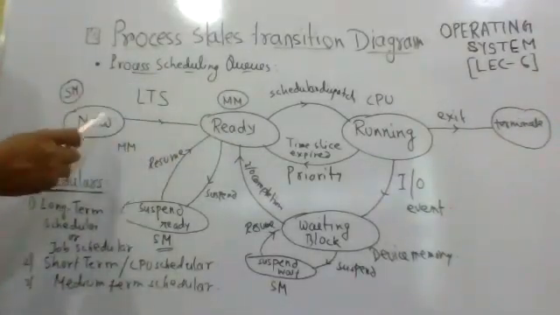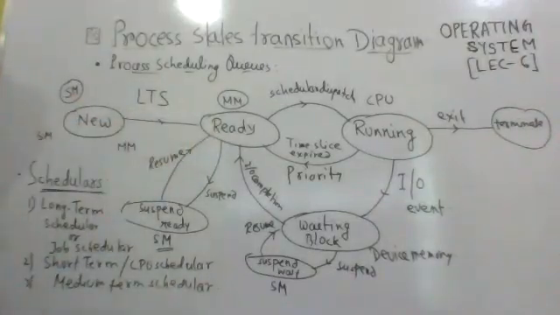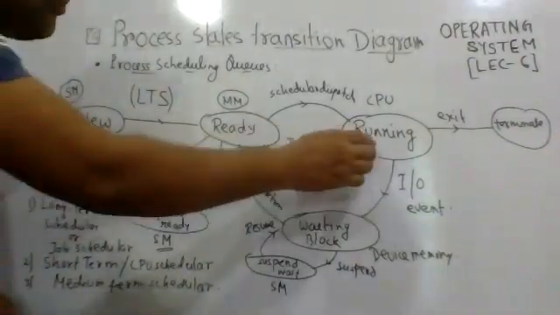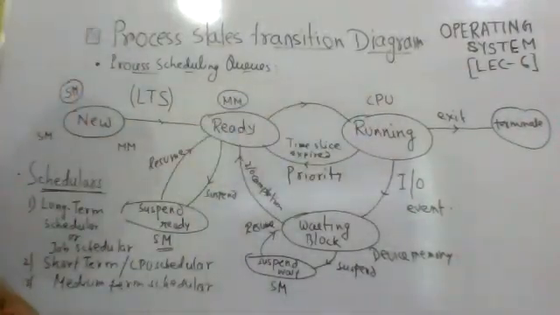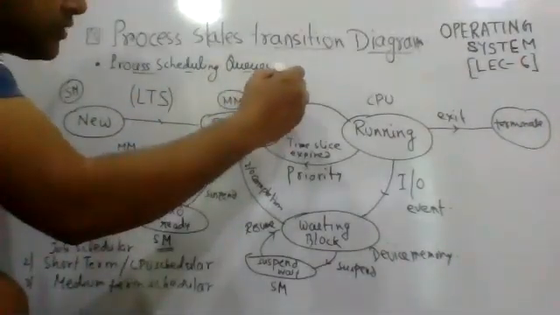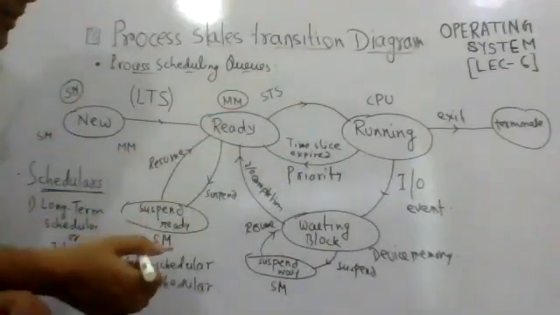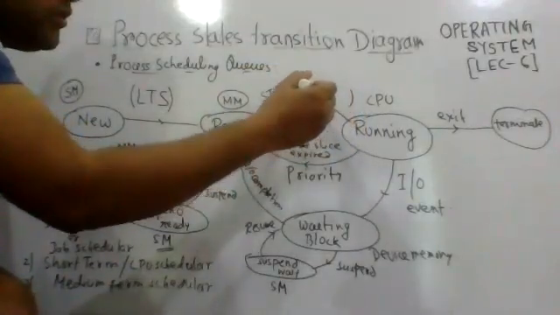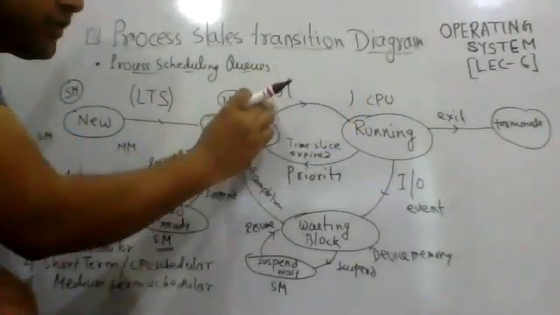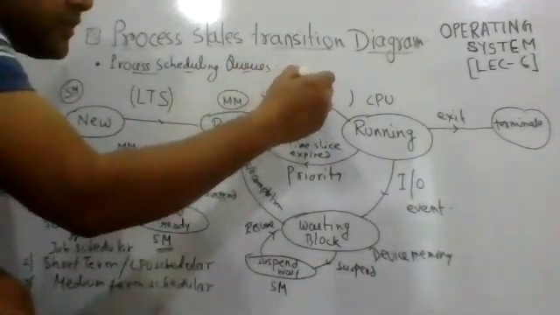And from ready state to running state, we have a scheduler called the short-term scheduler. And here we have another module, which is the helping module of the short-term scheduler. This is called the dispatcher.